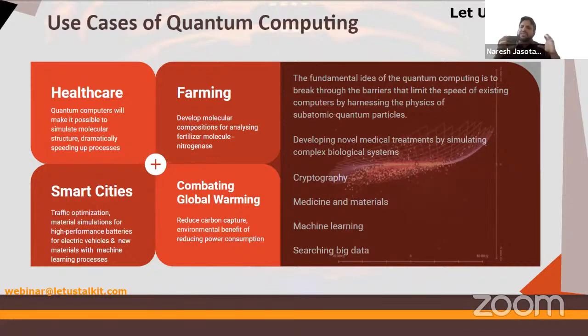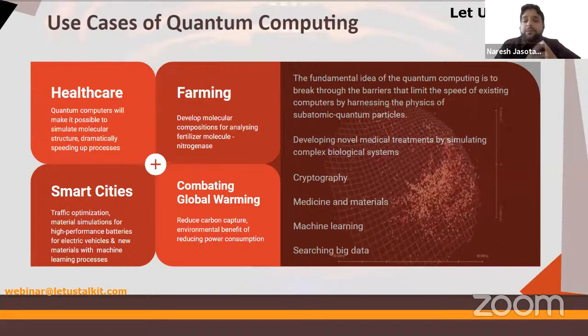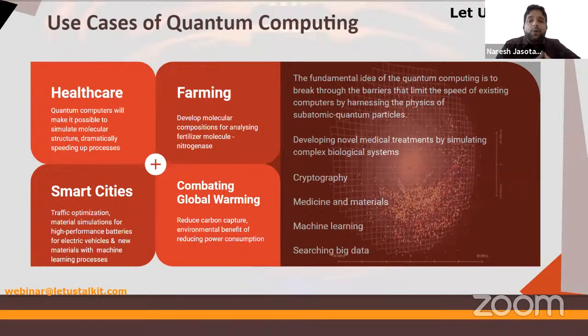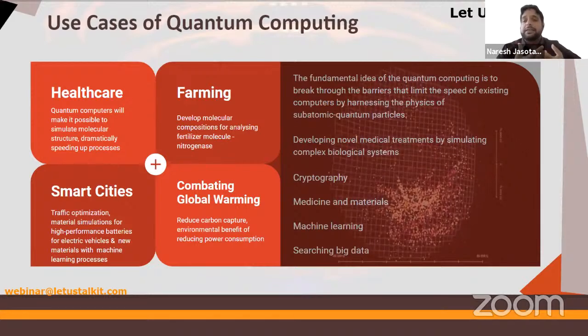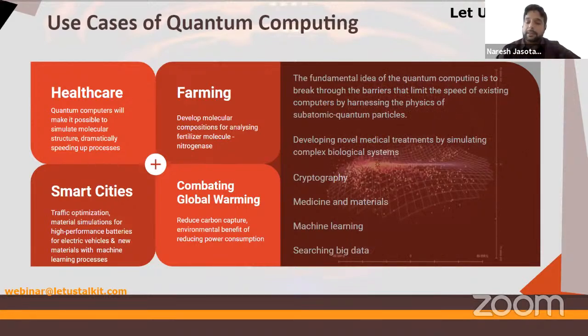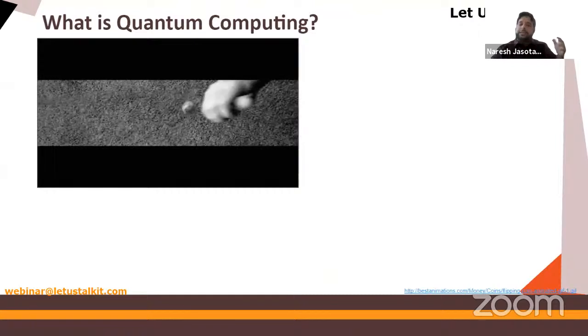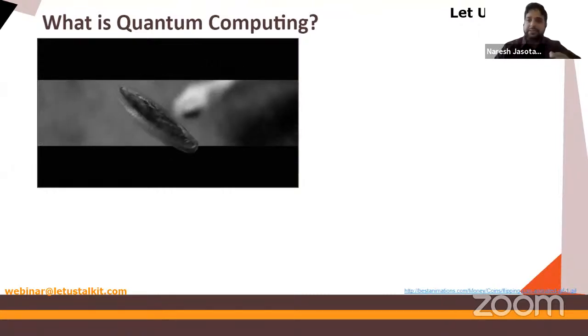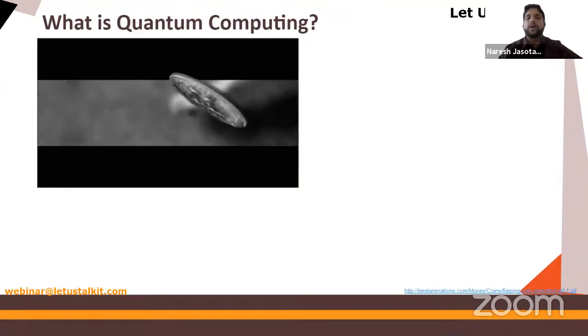So we have seen the use cases of quantum computers. Let's focus on understanding what a qubit is, what a quantum computer is. I always give this example, and you will find it in a lot of places: a flip of a coin.